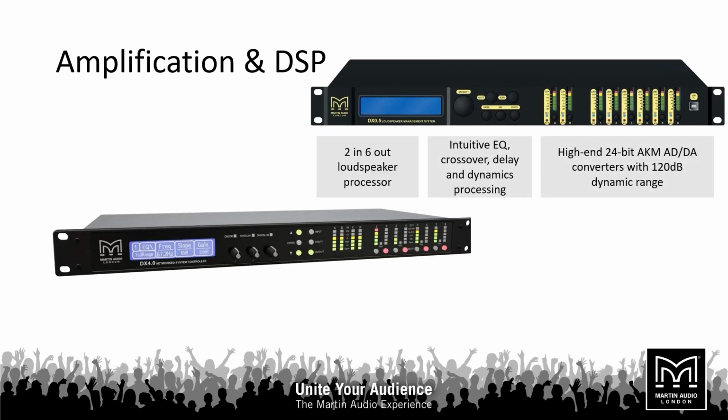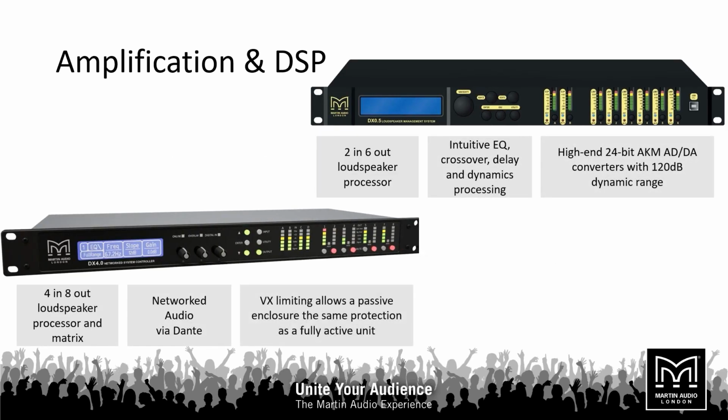So there's our DX 0.5. It's a 2-in 6-out processor. It has all of the DSP that you would expect of any kind of loudspeaker management system: crossover, delay, and dynamics. And our 4-in 8-out DX4 processor. This is our premium tool grade Dante-enabled processor, which of course sits on our Vuenet network for remote control.